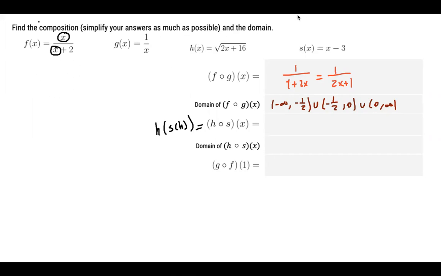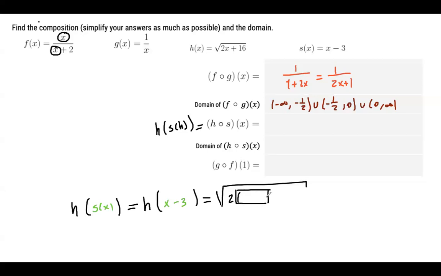Because we have a square root function, h will take an input of s of x. That's the same as saying that h will take an input of whatever s of x is, so x minus 3. And that means that we're going to write the square root function, and every time you see an x, you're going to plug in the new input. In this case, the new input is x minus 3.